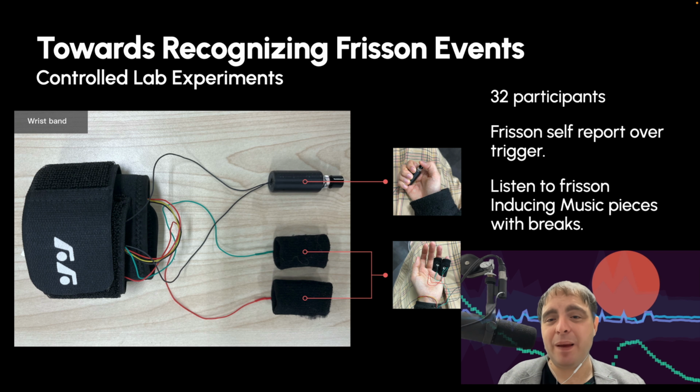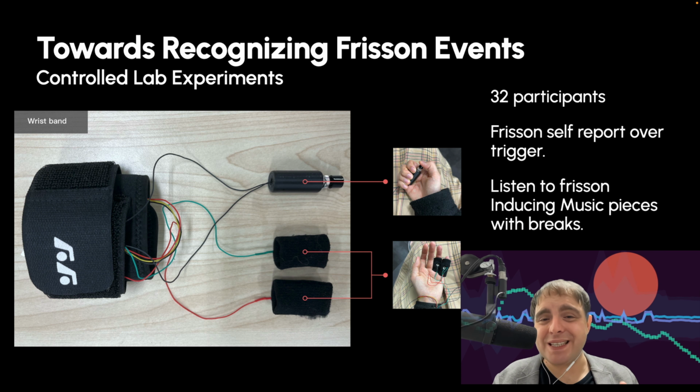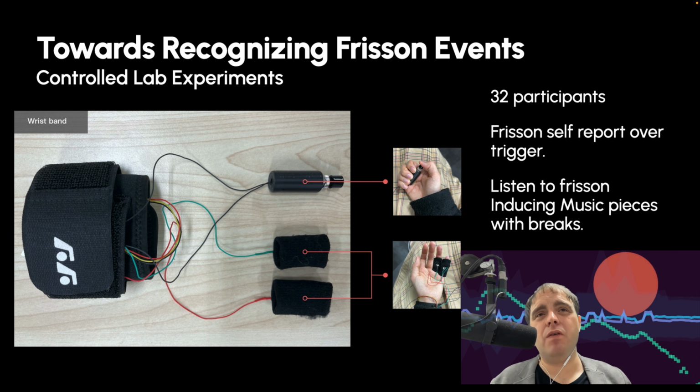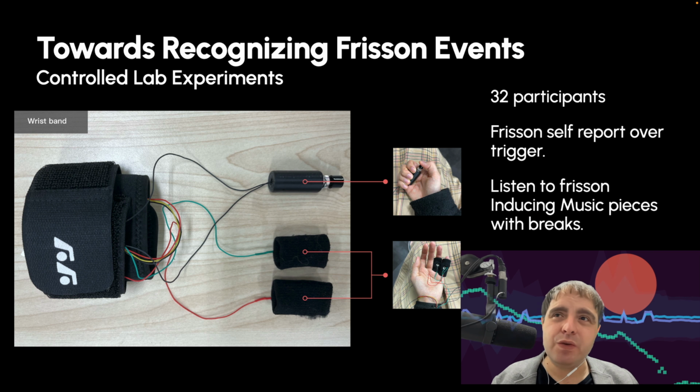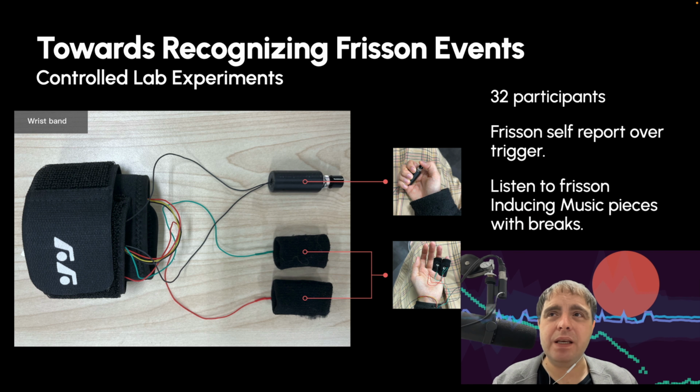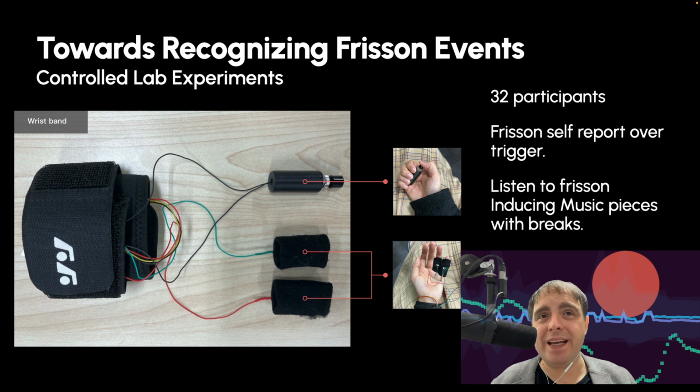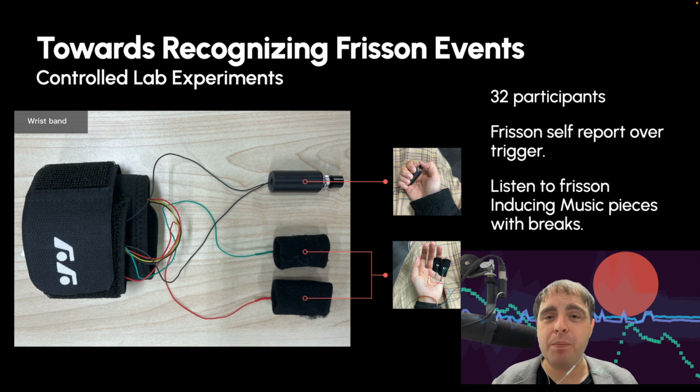We did some lab experiments where people then use a trigger to tell that they feel frisson. So this is maybe also a problem. We're using self-reporting. As I mentioned before, one of the tricky parts and the difficulty in understanding affect, understanding emotion, or any other cognitive activity or state is that we often cannot be sure about the subjective experience of a user.